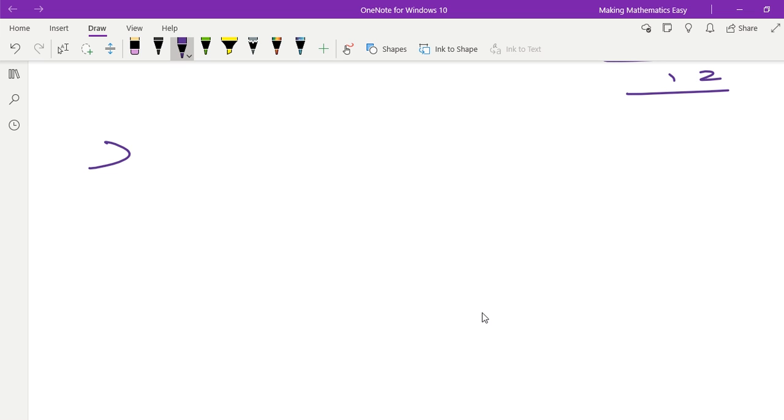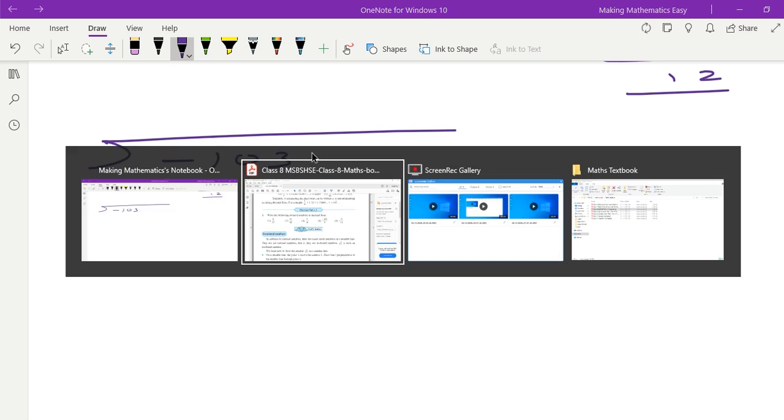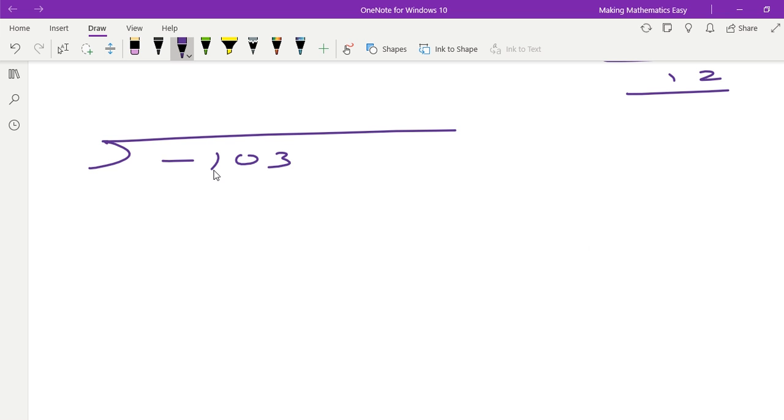So let's start. Minus 103, so basically the numerator will come over here and the denominator will go over here. So this sign you can directly take as it is over here.